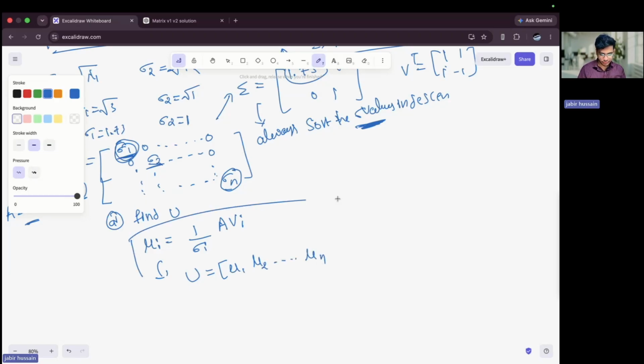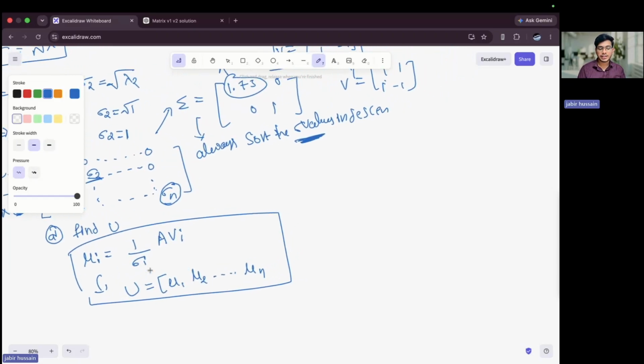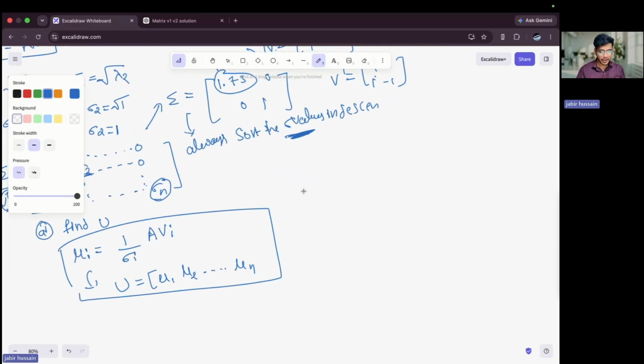This is the formula for finding the matrix U in singular value decomposition. Now if you solve the numerical as well, U of 1 would be 1 divided by sigma 1 times A v1. So it will give you, what is A?